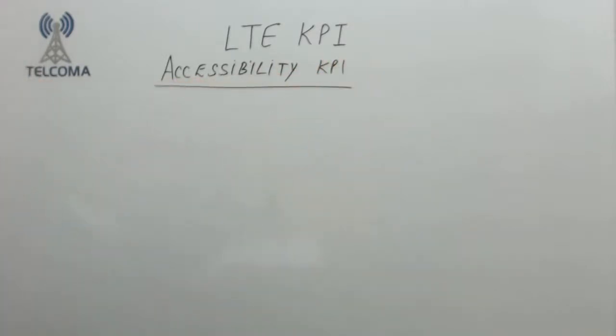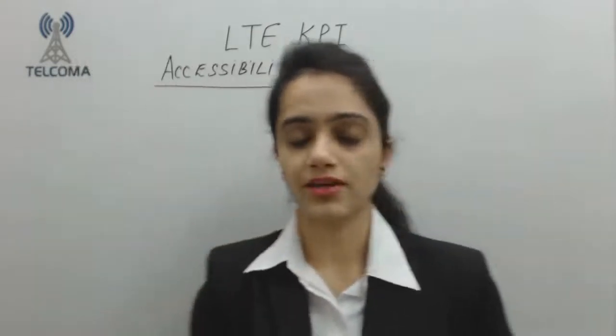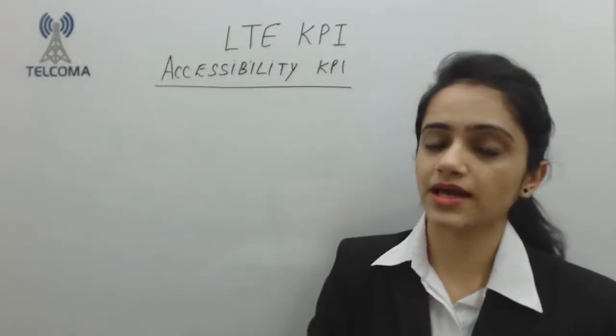So this is the category of accessibility KPI. Now why do we require accessibility KPIs in the system?